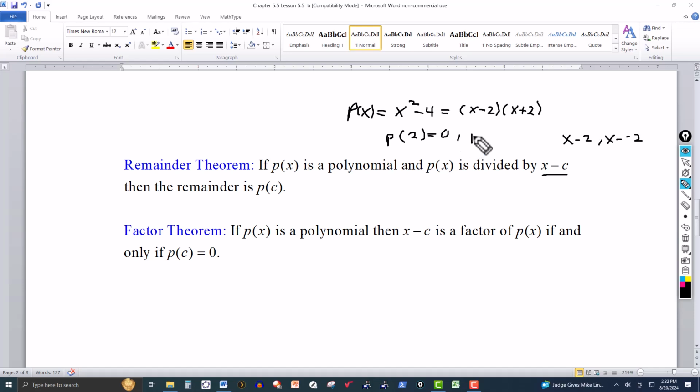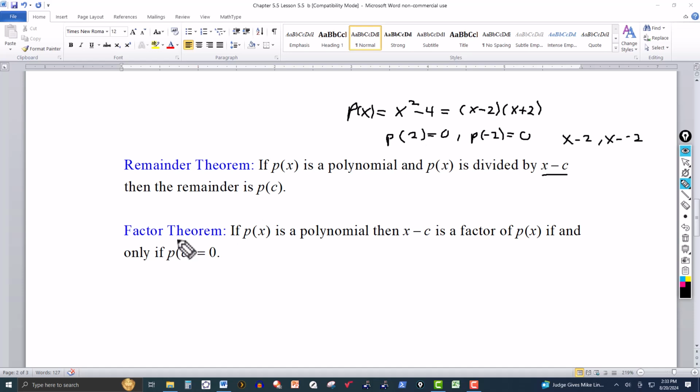If I evaluate it at negative 2, I also get 0. So that's what this is saying. If you divide by x minus c, then the remainder is p of c. So in other words, I don't have to use long division or synthetic division to get the remainder. All I have to do is evaluate it at c. In this case, at 2 and negative 2.